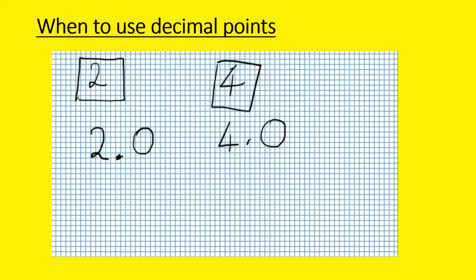Now, if we had 2.5 chocolate cakes, because you do know I like chocolate cakes, we could write this as 2.5 because now we know we have half.